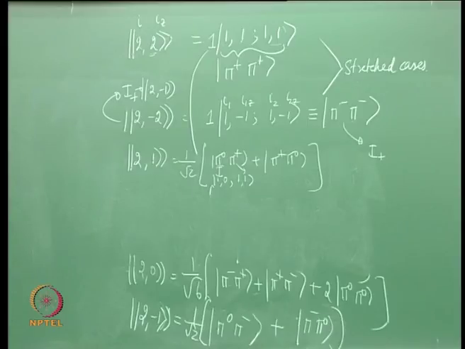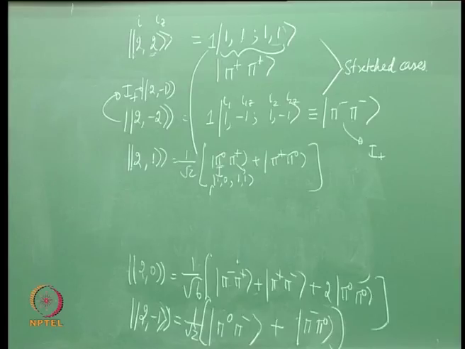Now, before we proceed, it is worth understanding two things. First of all, when we say pi 0 pi plus, pi plus pi 0, as in the coupled state 2 comma 1, how do you distinguish between the two states? The particle content is the same, but basically when we say pi 0 pi plus, we mean that there are two beams of pions, and the pi 0 is from the first beam and the pi plus is from the second.